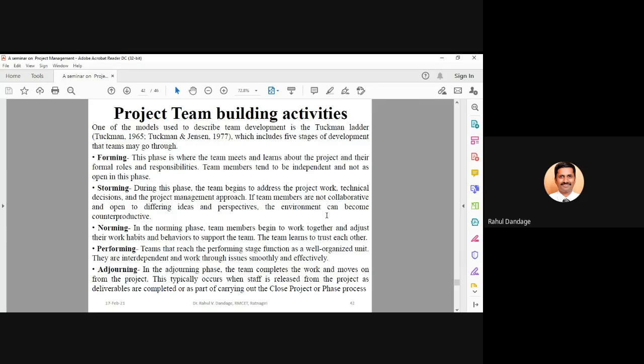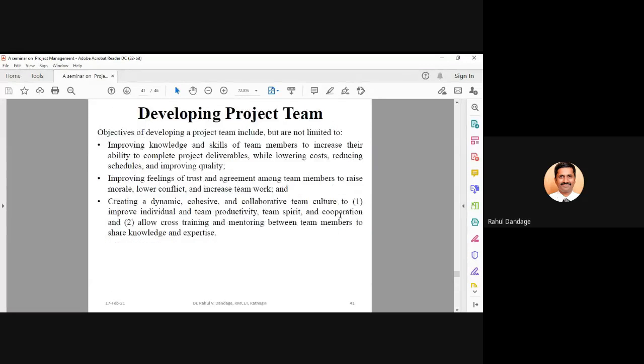There are certain project team building activities. Before we move to these project team building activities, just one example of this team culture. You all must be liking sports, especially cricket. And normally people say that everybody must go to the ground and play some sport events. Why is it so?